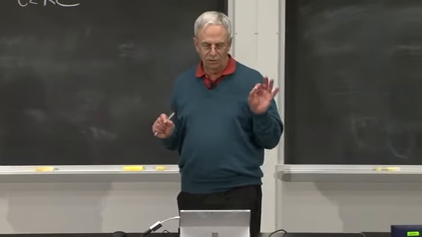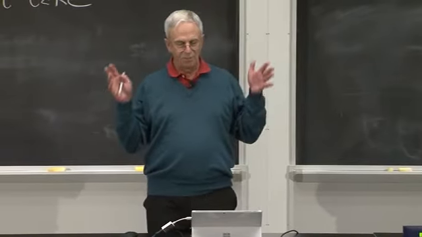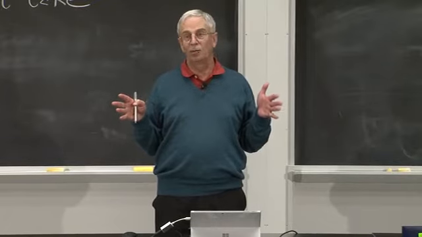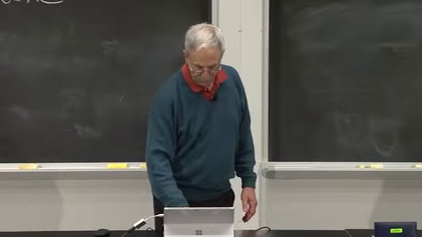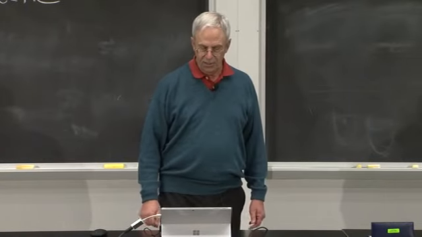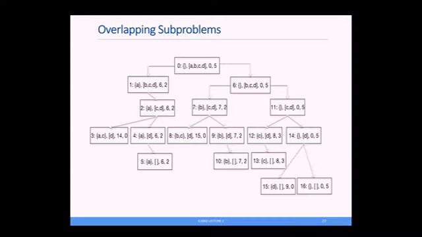At each node, we're just given the remaining weight, maximize the value by choosing among the remaining items. That's all that matters. And so, indeed, you will have overlapping subproblems, as we see in this tree for the example we just saw.